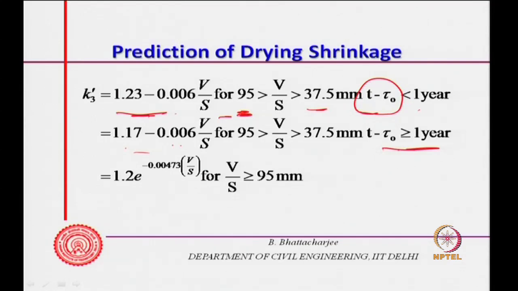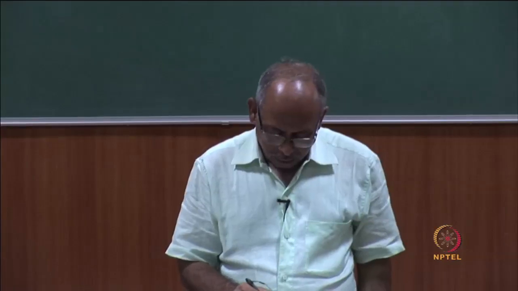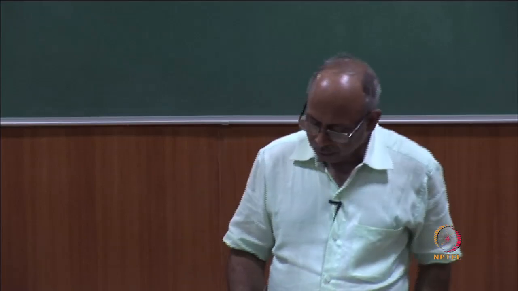If it is less than 1 year, the value is something like this. If it is more than 1 year, the value is something like this, and if it is more than 95 centimeter, this is given by this formula for V by S greater than 95. So, it is 1.2 exponential of minus 0.00473 V by S. The curves that we discussed earlier are related to those curves, right. So, that is how we find out the volume to surface area ratio.